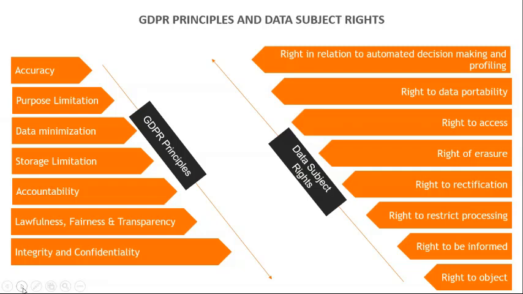There should be clear accountability that should be demonstrated. And it also talks about lawfulness, fairness, and transparency. An organization, if it is holding any data subject information, should disclose why that information is relevant for an institution or an organization.